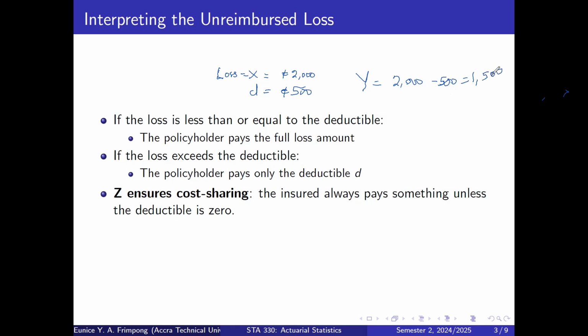So if the loss is large, say 2,000 cedis, and the deductible is 500 cedis, then the insurer pays 1,500 and the insured pays only the deductible of 500 cedis.